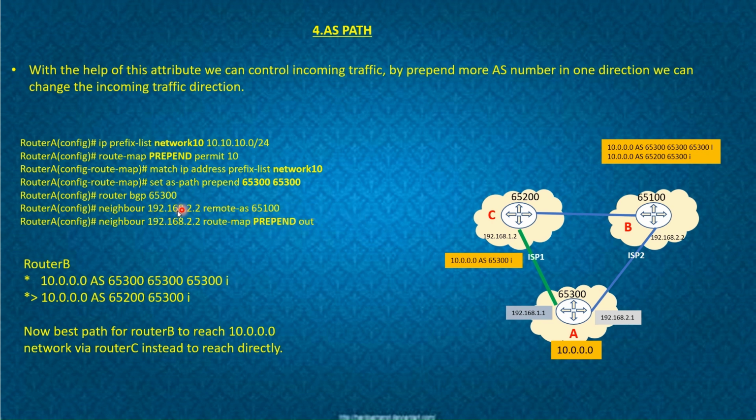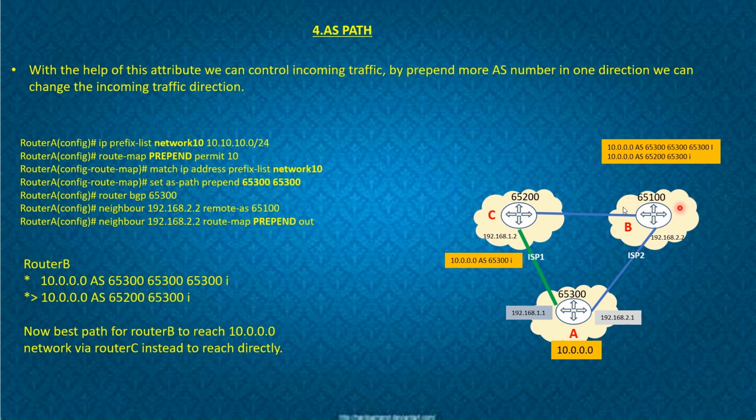It means whenever I am advertising the 10 network to the neighbor 192.168.2.2, whenever I am sharing this 10 prefix, prepend the AS number two times.